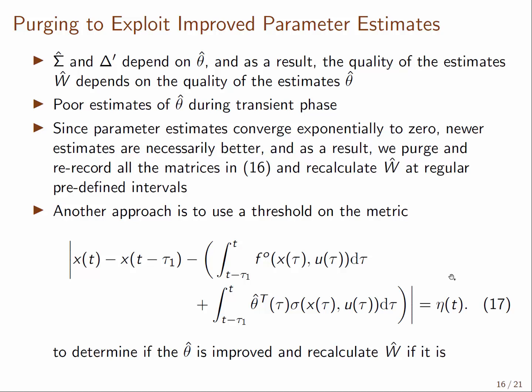So we can do it in an event-triggered manner or a time-triggered manner. In the simulation here, we're doing it in a time-triggered manner, but we can also do it using this event trigger where the events are triggered based on this metric eta.